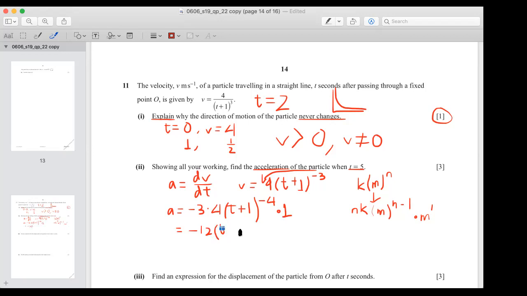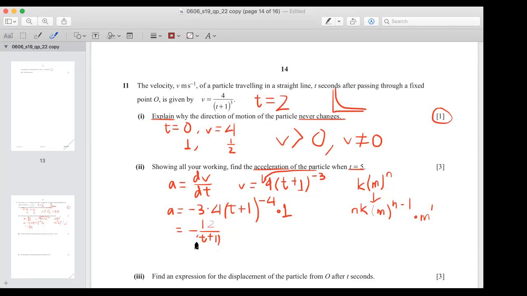Let's just put it as a fraction with positive powers. So negative 12 over (t plus 1) to the power of 4. Oh, my brackets.